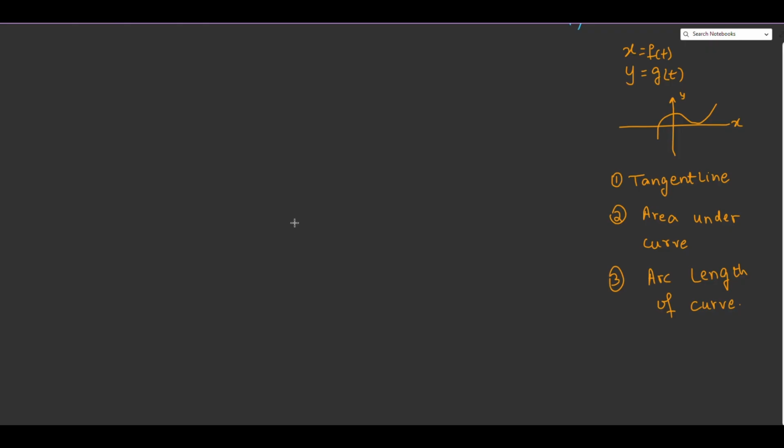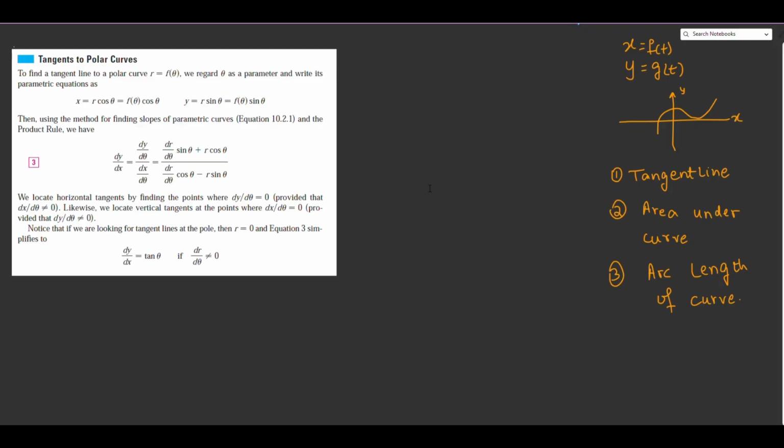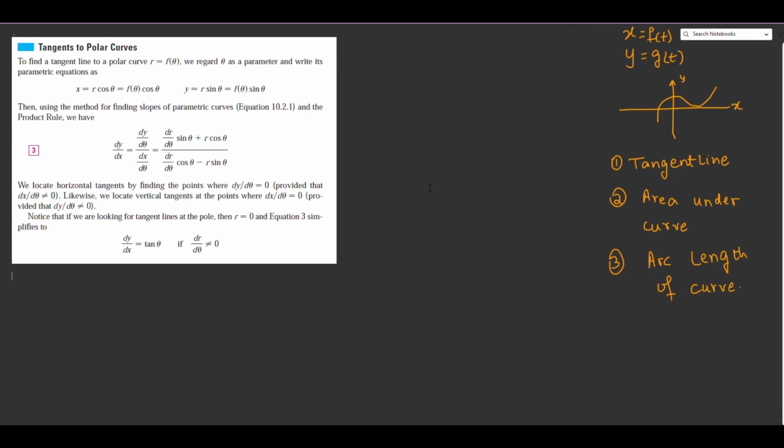Our first topic will be how do we find the tangent to a polar curve.